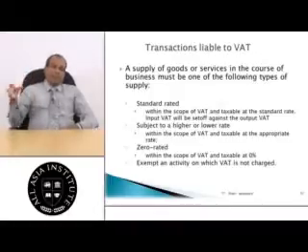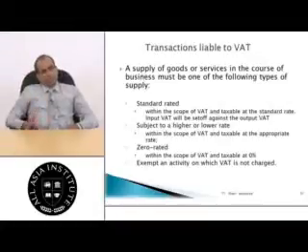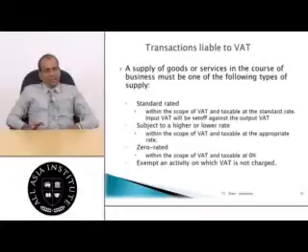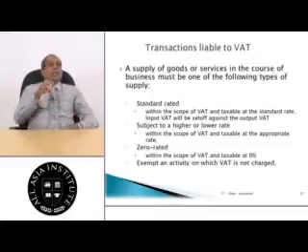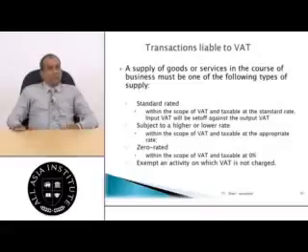So this VAT on sales is called output VAT. Now this output VAT collected by an entity is a liability. Why? The organization has collected it on behalf of the government or the tax authority. So the amount of money collected as output VAT will be considered a liability.